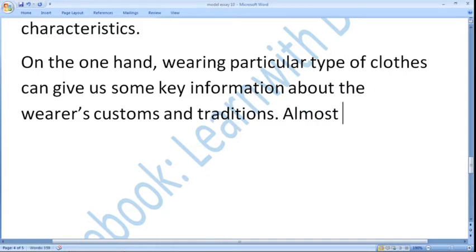On the one hand, wearing particular type of clothes can give some key information about wearers' customs and traditions.